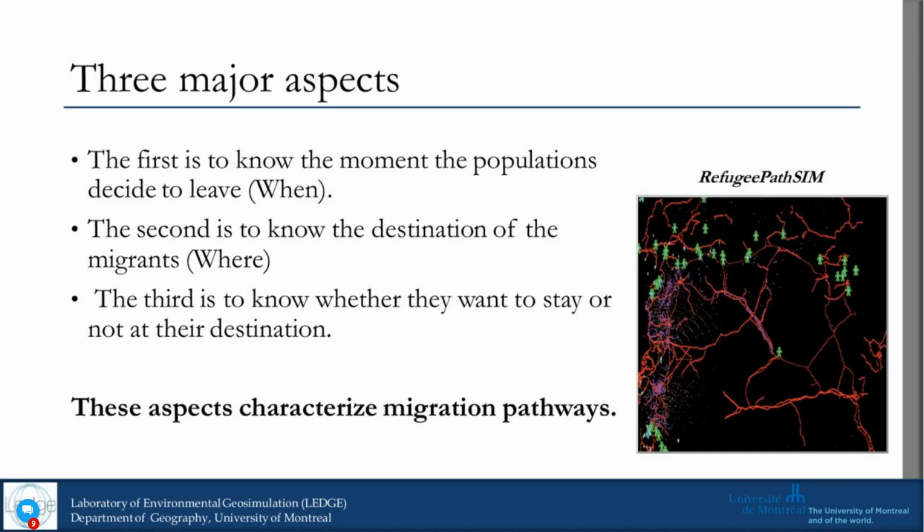And the third is whether they will stay at the point they decided to leave, or at the point that they arrive, or whether they will change the destination. Those three aspects we evaluate and simulate, and that's how we characterize the migration pathways.